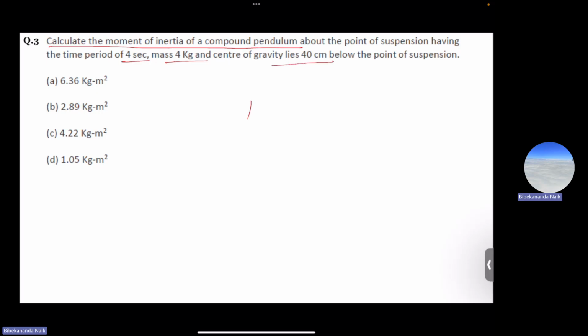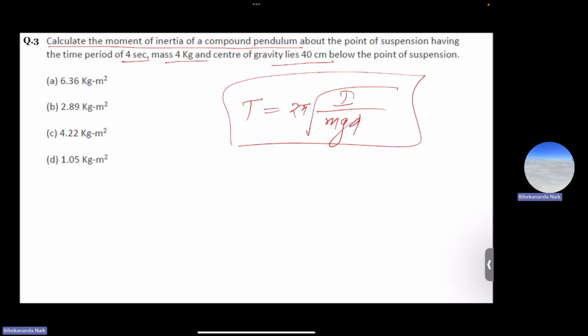So we will again use the same formula, T equals 2 pi square root of I divided by mgd. Using this formula, we will calculate the value of I. I'll give you a few minutes to try this question and solve it, and then we will discuss.